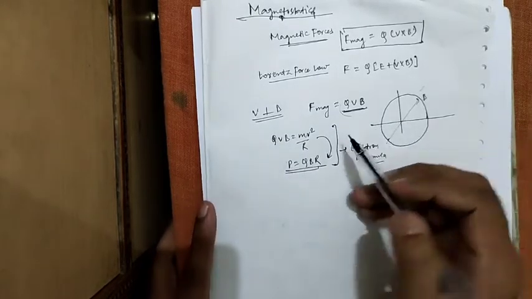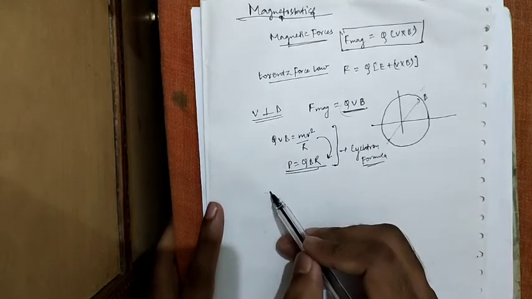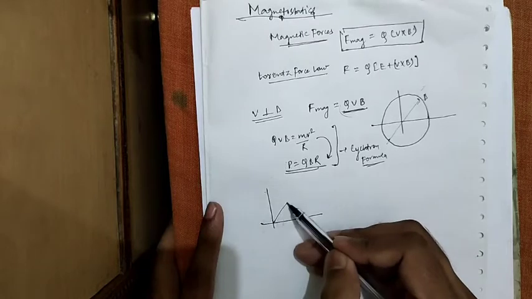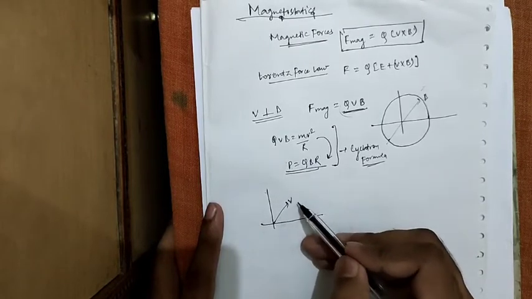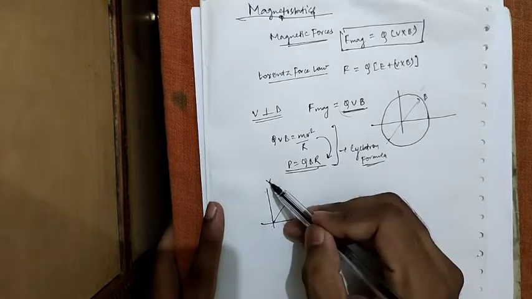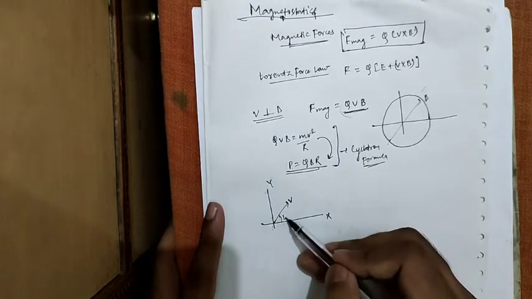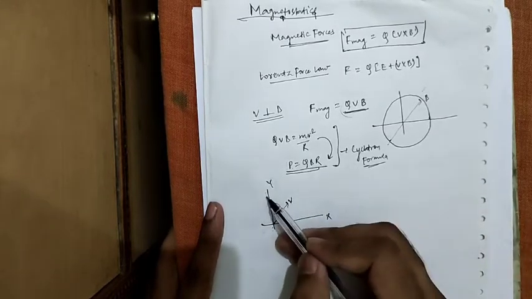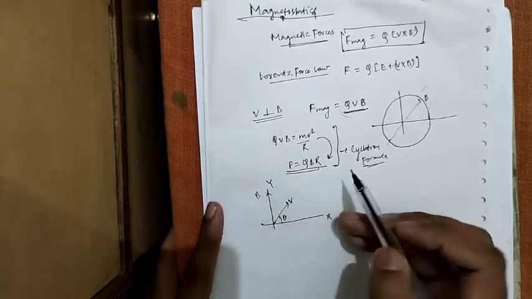Okay, now let's assume one more case in which the motion is somewhat different. Let's say a particle has a velocity in the x-y plane at an angle theta from the x-axis, and the magnetic field is perpendicular to the y-axis.